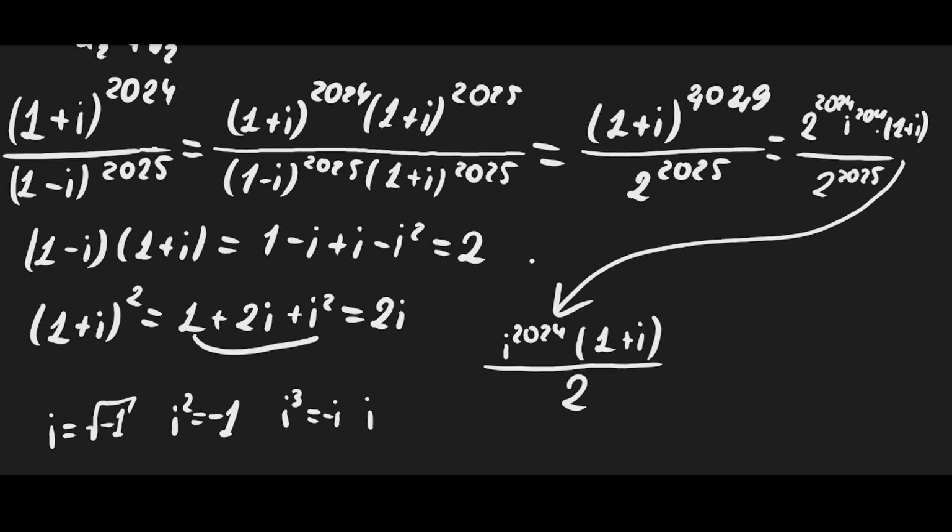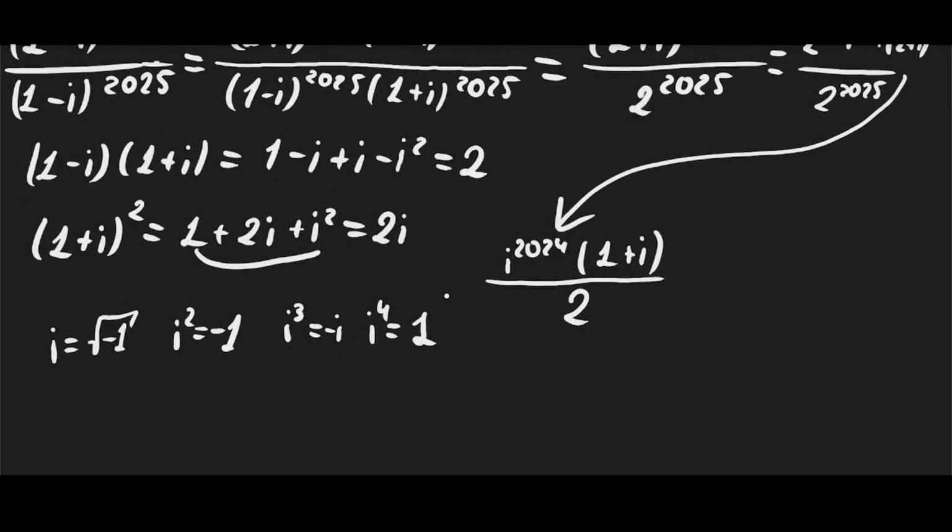And i to the 4 would be (i squared) squared, so (-1) squared, which is 1. Similarly, i to the 5 is i to the 4 times i, and i to the 6 is i to the 4 times i squared, so this would be -1. And clearly we can see the pattern that this is a periodic sequence whose period is 4.